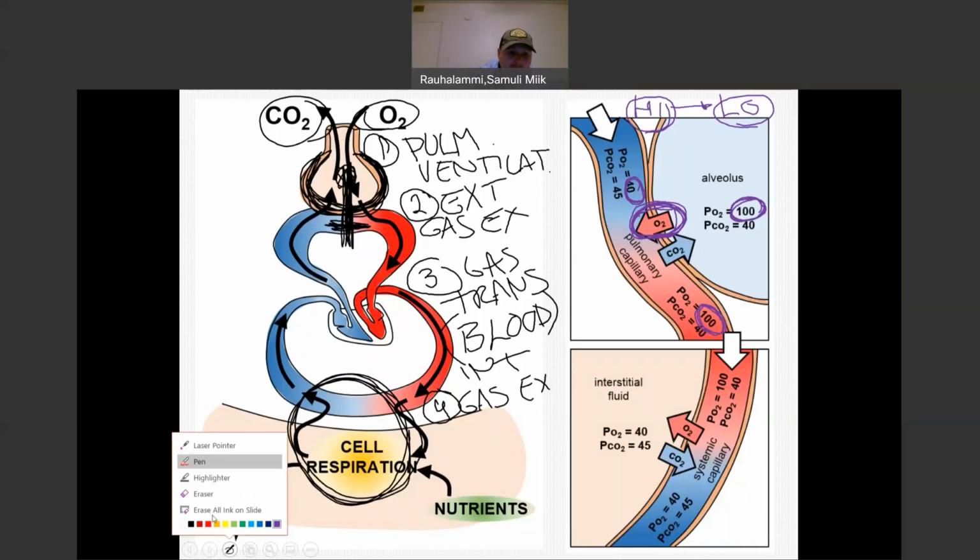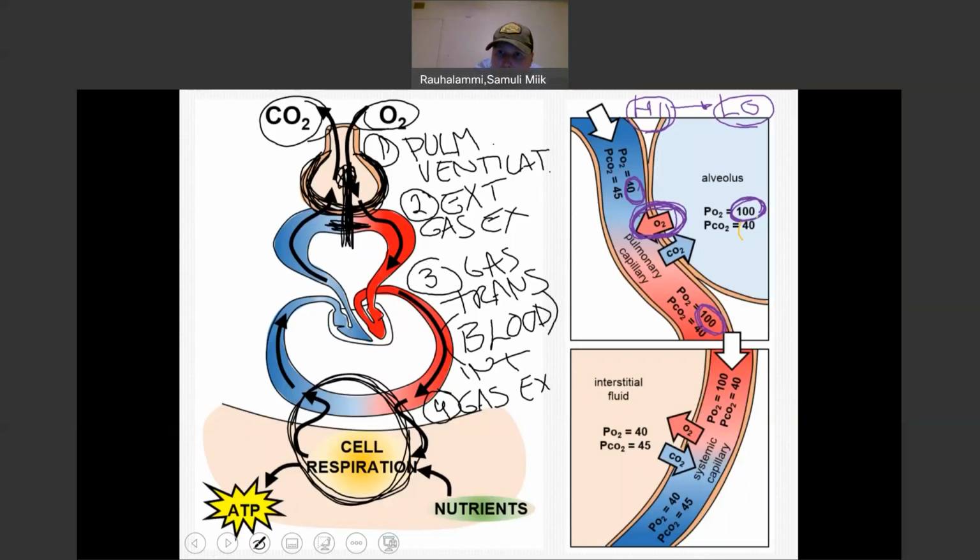We can also look at the partial pressures of the carbon dioxide. There's about 40 millimeters of mercury in air around us, in the blood returning from systemic circulation to the lungs, 45 millimeters of mercury. So there is a clear difference between high and low relative concentrations.